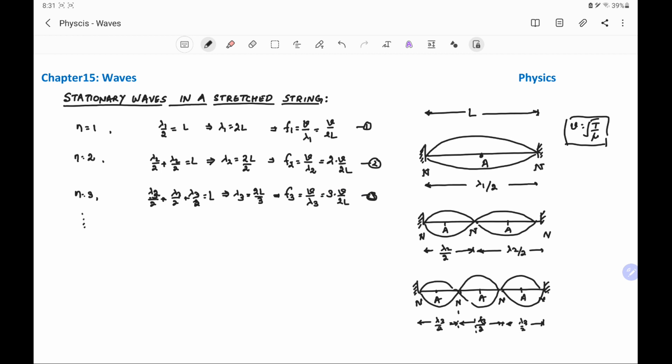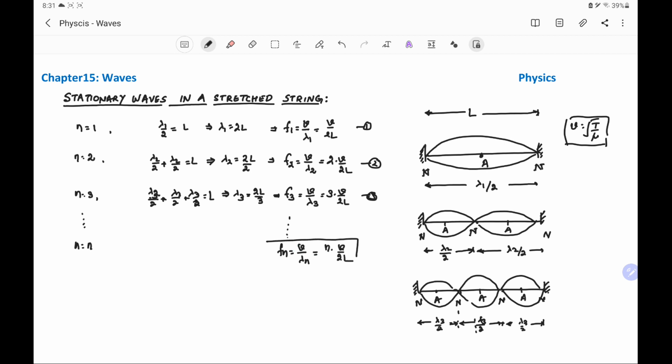Similarly, we can proceed for n equal to 4, 5, 6 and so on. And in the last, if we take n equal to n, then from the analogy Fn will be equal to V by lambda n, and it will be equal to n into V by 2L.